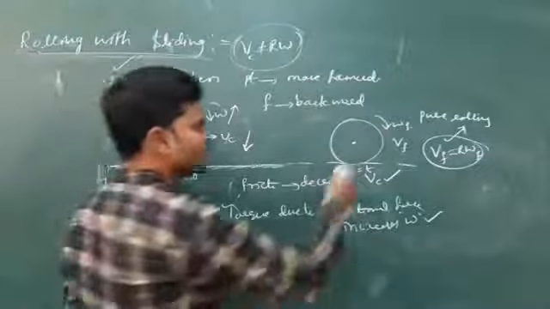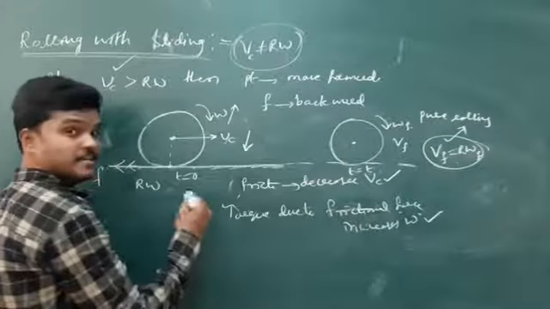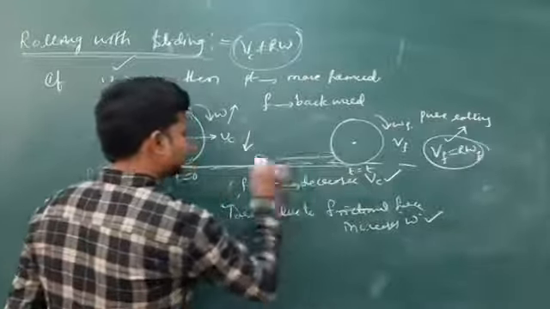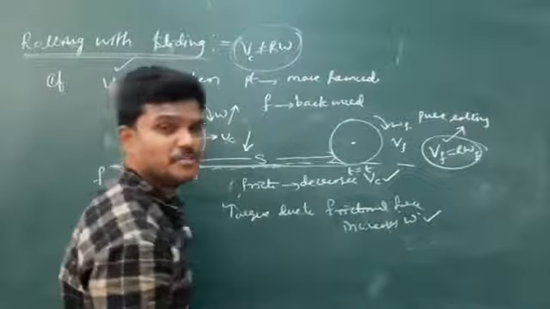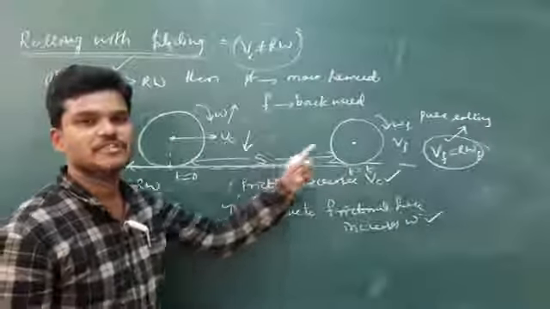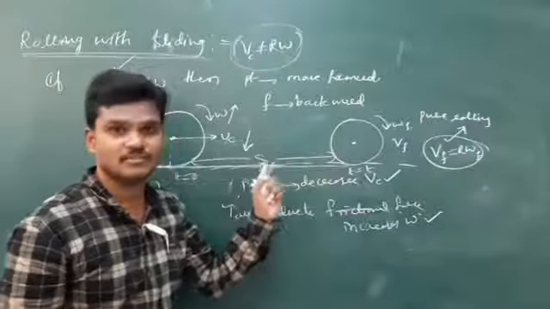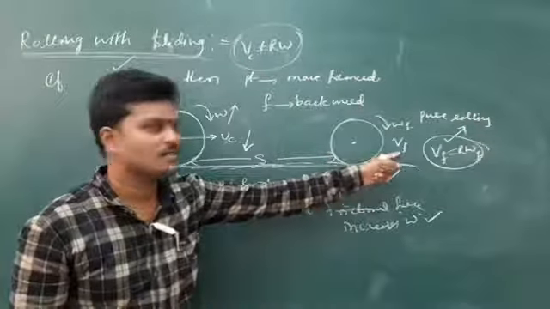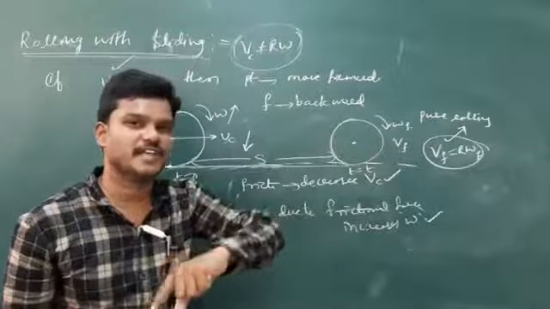And if it covers some distance, some displacement, we can find this displacement also by using some kinematic equations. Okay, s is equal to ut plus half at square, we can get this s also. And we can get this velocity Vf also by using v is equal to u plus at.